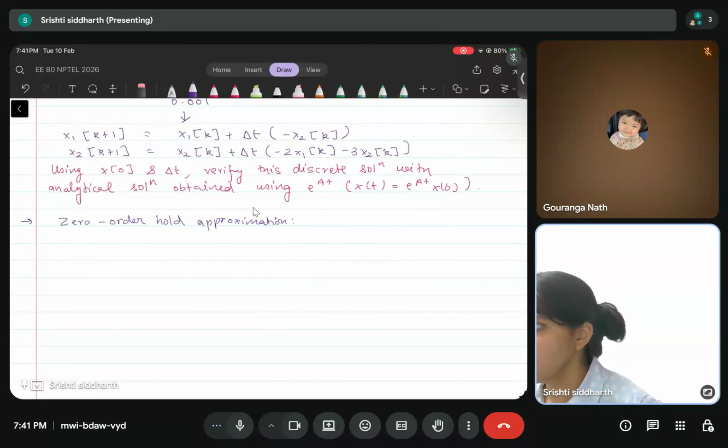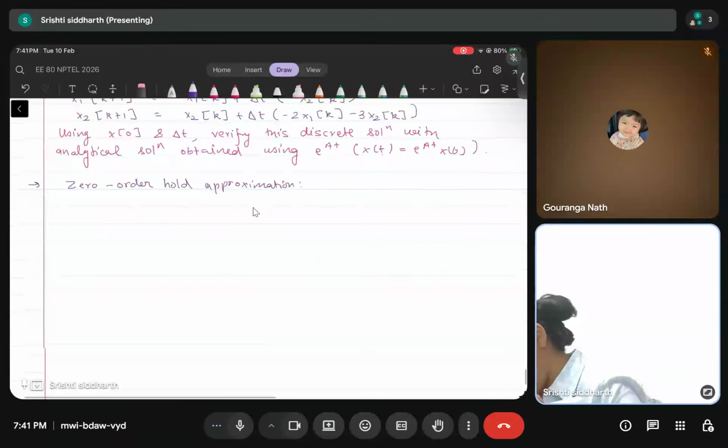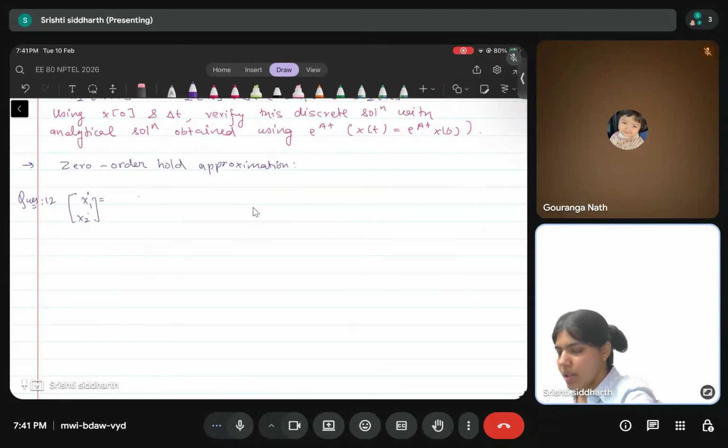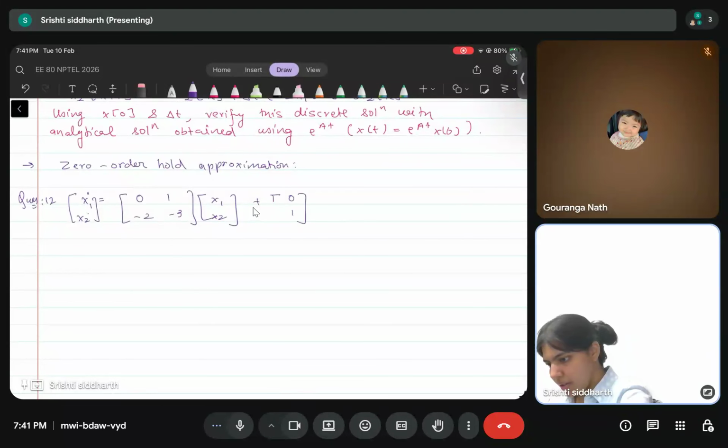So x1 dot, x2 dot equals 0, 1, minus 2, minus 3.